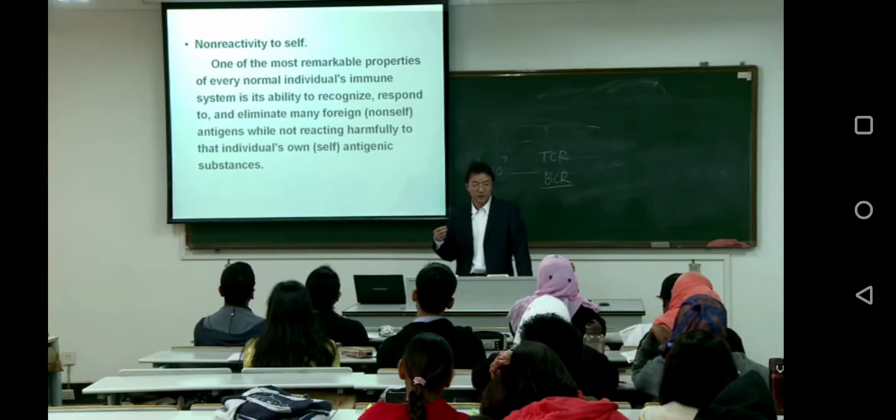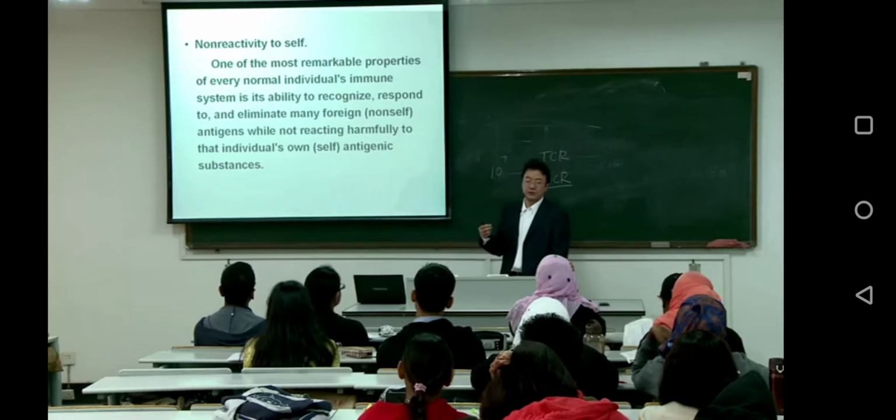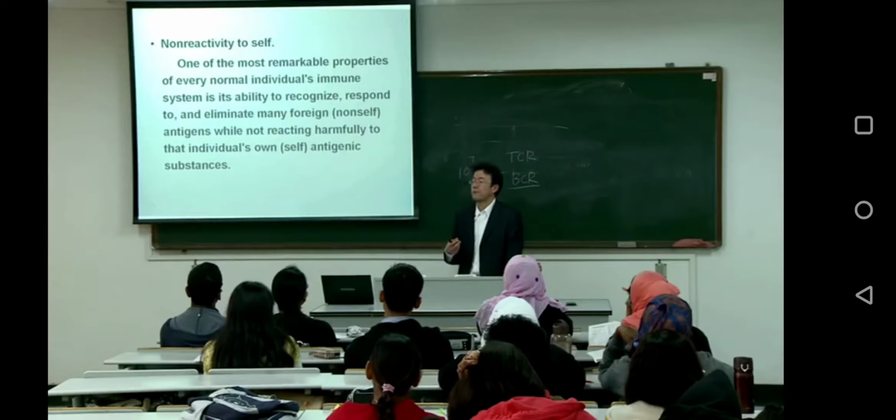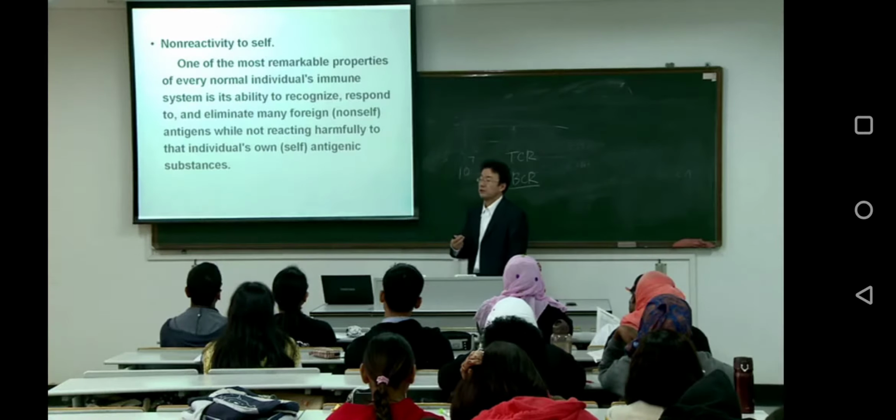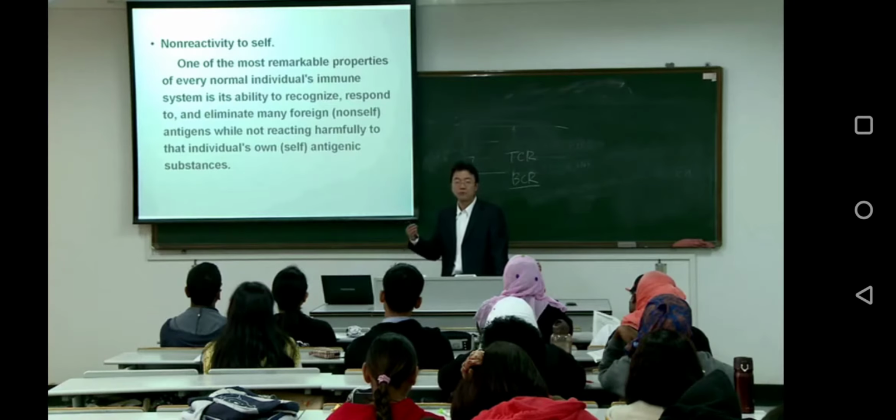This means that during recognition, those clones of T or B lymphocytes that react to self substances will be deleted by apoptosis. That means tolerance to self and reaction against non-self in most cases.